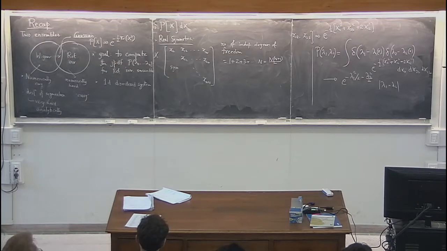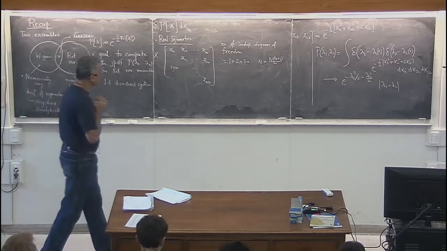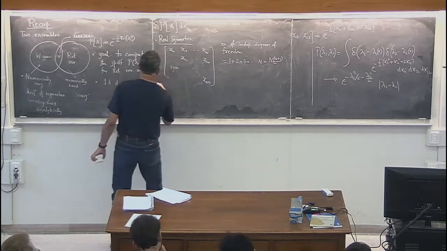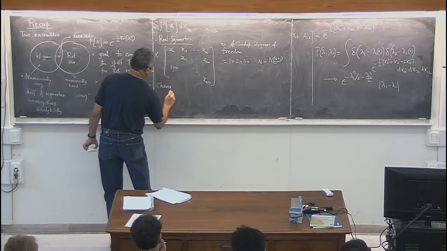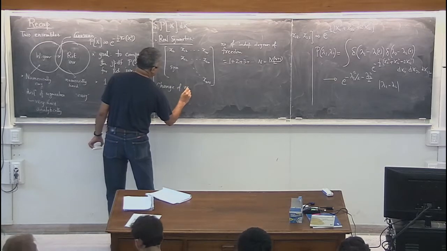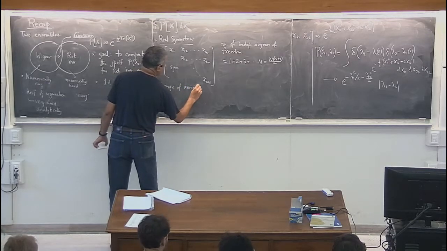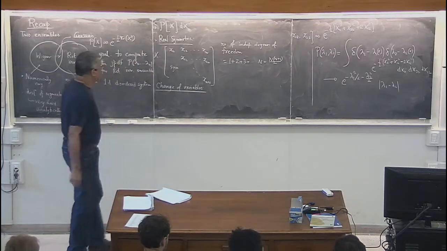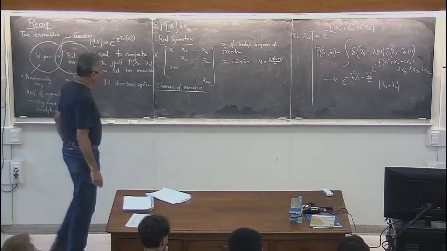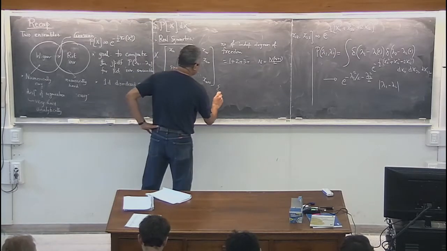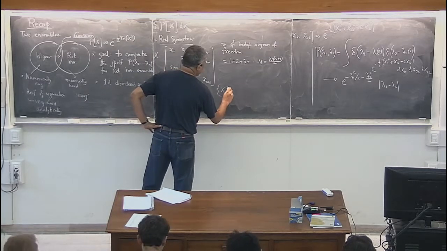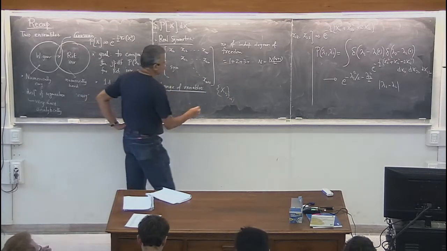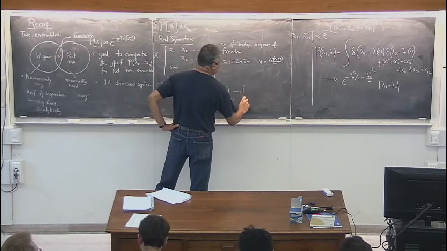So what can I do? This is the idea of change of variables: you are going from these x_ij with i less than j, these degrees of freedom, to another set of variables.